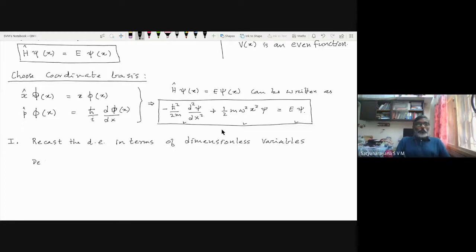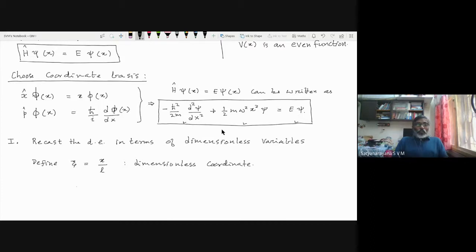Define xi as x divided by L. We do not know what L is, but we assume that there exists some characteristic length L, such that I will always measure the length in units of L. So xi is a dimensionless coordinate and L is a characteristic length.